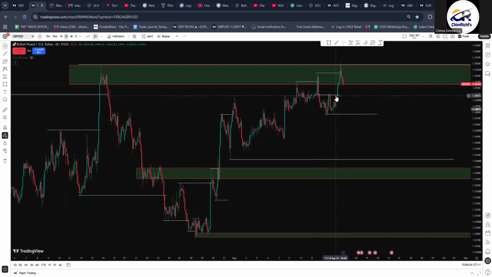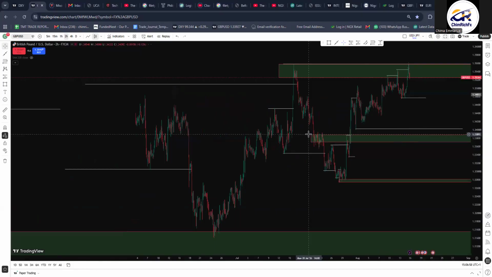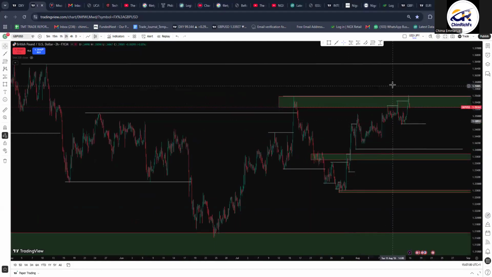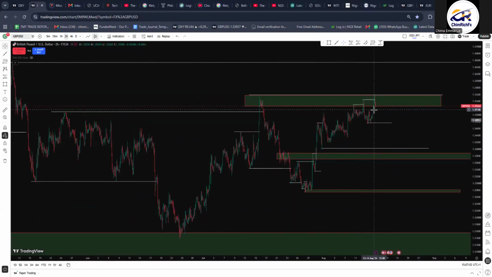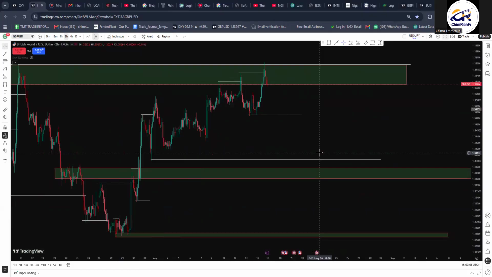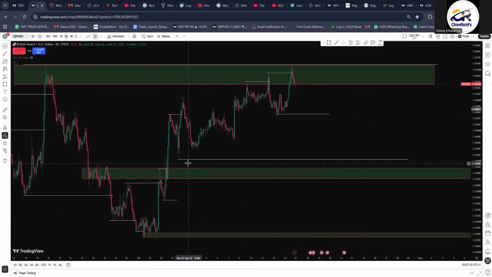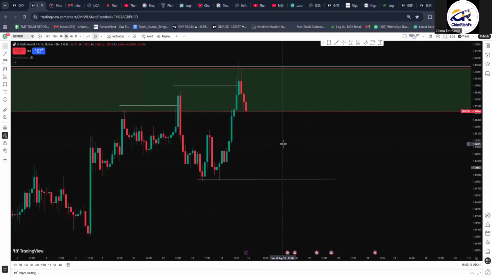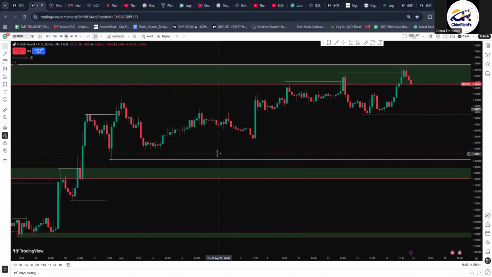Let me remove this. There's a possibility of the market still either buying, because when we look at the 2 hours time frame, we're actually seeing a bullish market at this point. Right? We are actually seeing a bullish market at this point.